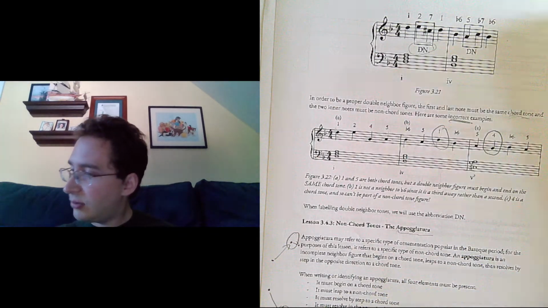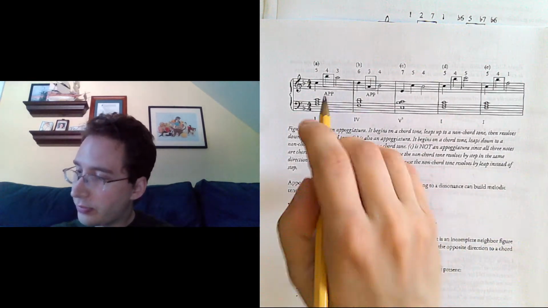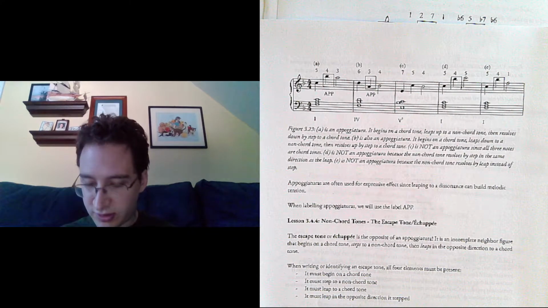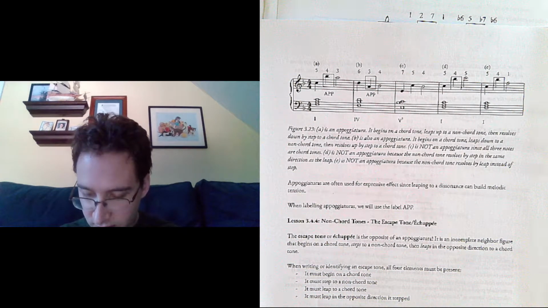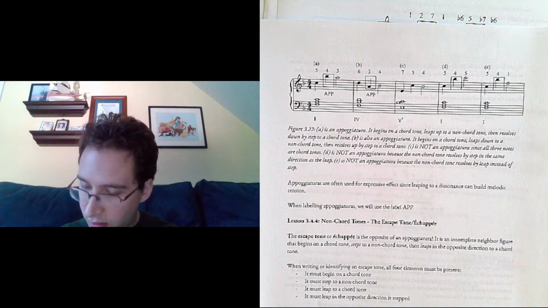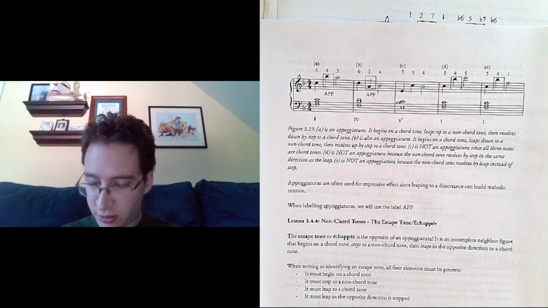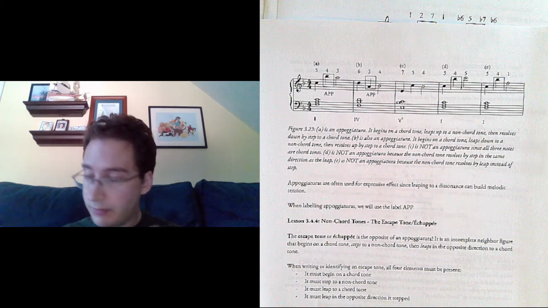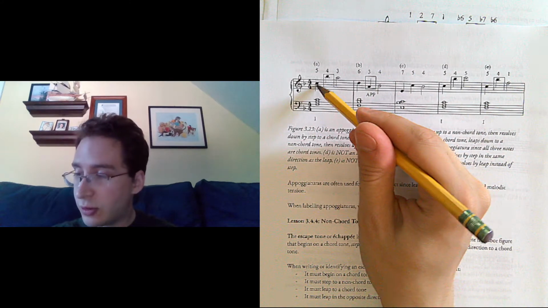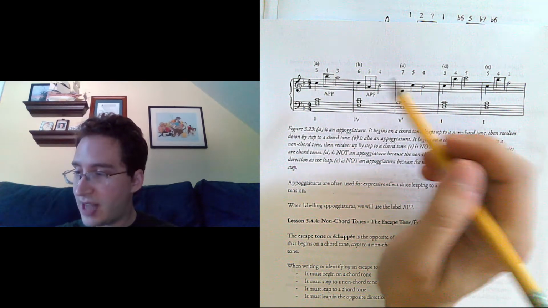So let's see. We have some examples here. So A works. So you start on a chord, you start on 5, 4, 3. So start on a chord tone, leap to a non-chord tone, resolve by step.